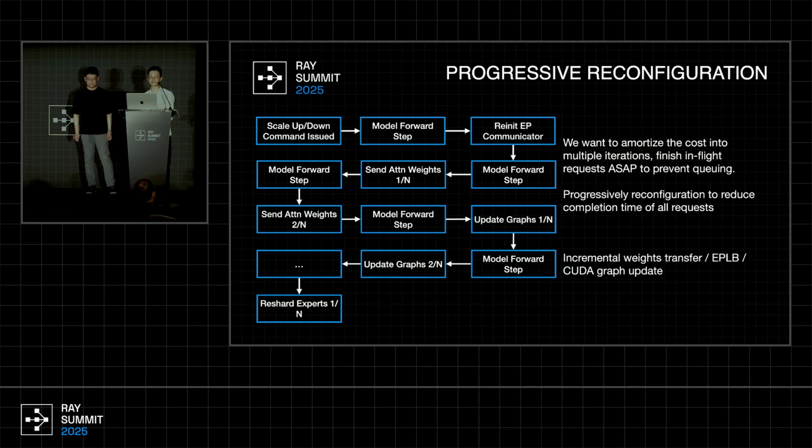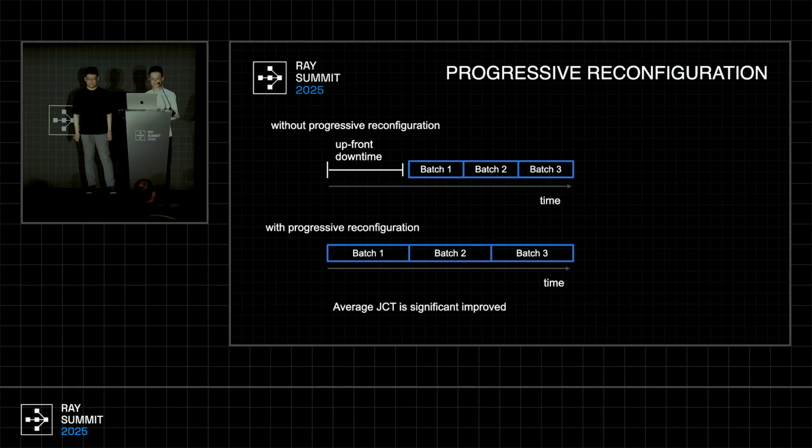Without this kind of progressive reconfiguration, we will pay a heavy upfront downtime that would delay the finish time of all the in-flight batches. But with progressive reconfiguration, the execution time of each model forward step will be delayed a little bit, but the average job completion time of these in-flight batches can be significantly improved, as we can see.